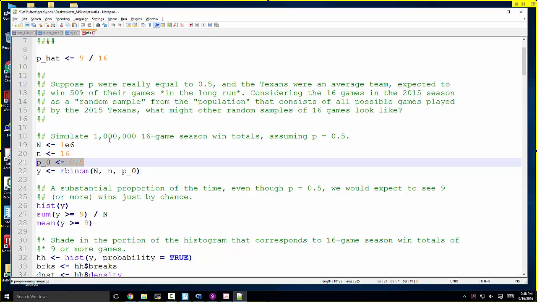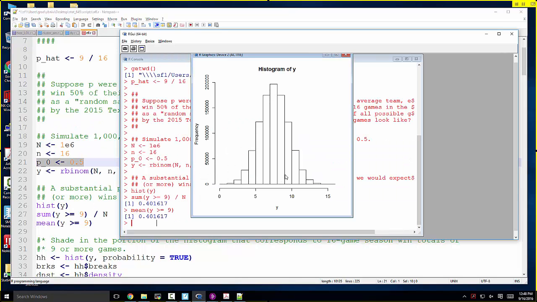So what we can do is say, if it was an average team, how frequently would we see win totals like ours, or even more extreme relative to what we think it should be under the null? So basically, how likely would it be to see win totals out in the tails from this distribution?